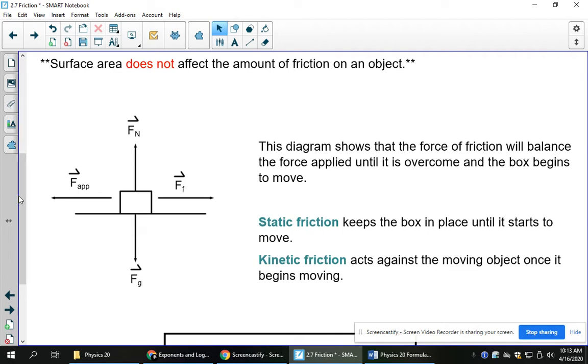So if it's big enough, then the person will start moving in the direction of the applied force. So static friction is keeping this box in place until it starts to move. Once something is moving, it's kinetic friction that's now at play.